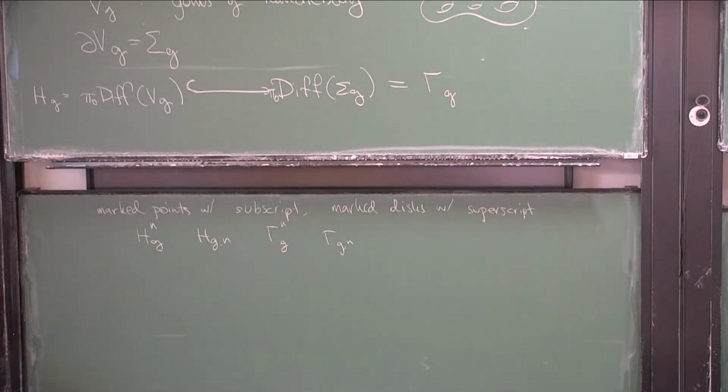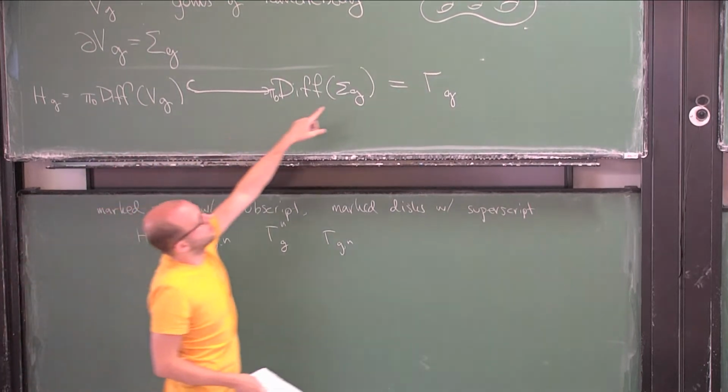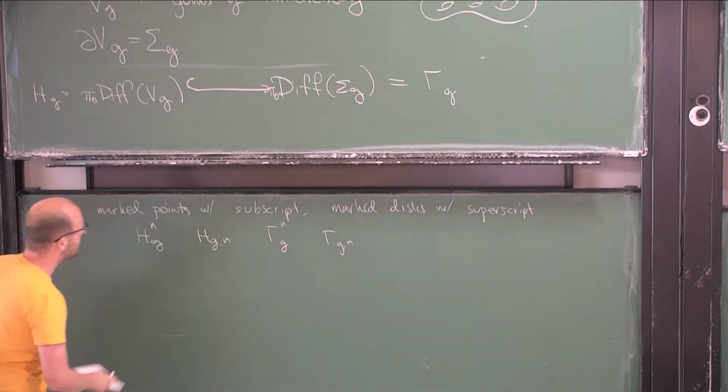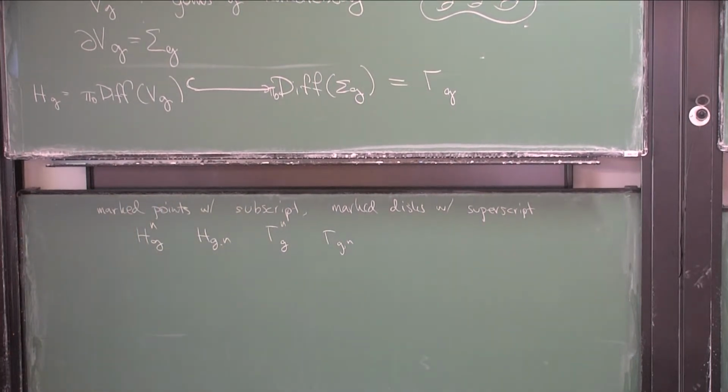I hope this is clear. Look at diffeomorphisms fixing either a finite set of points or a finite set of disks lying on the surface. And these groups, H_{g,n} and Gamma_{g,n}, they're similar in many ways.